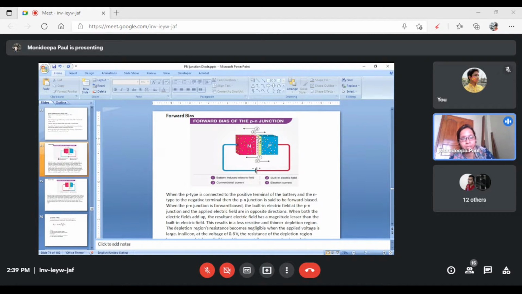In normal condition, when there is no external connection to the semiconducting material, in the junction zone an electric field always exists due to the negatively charged ions and positively charged ions.